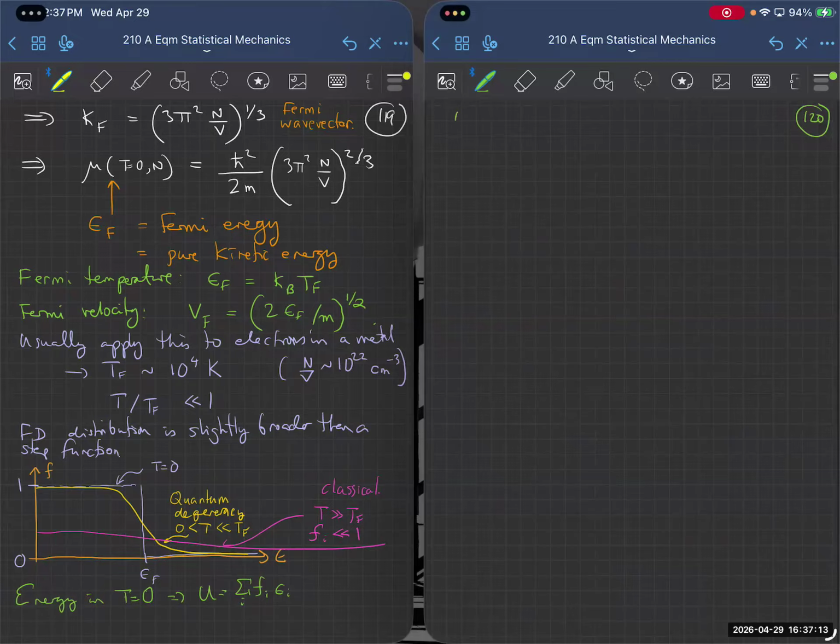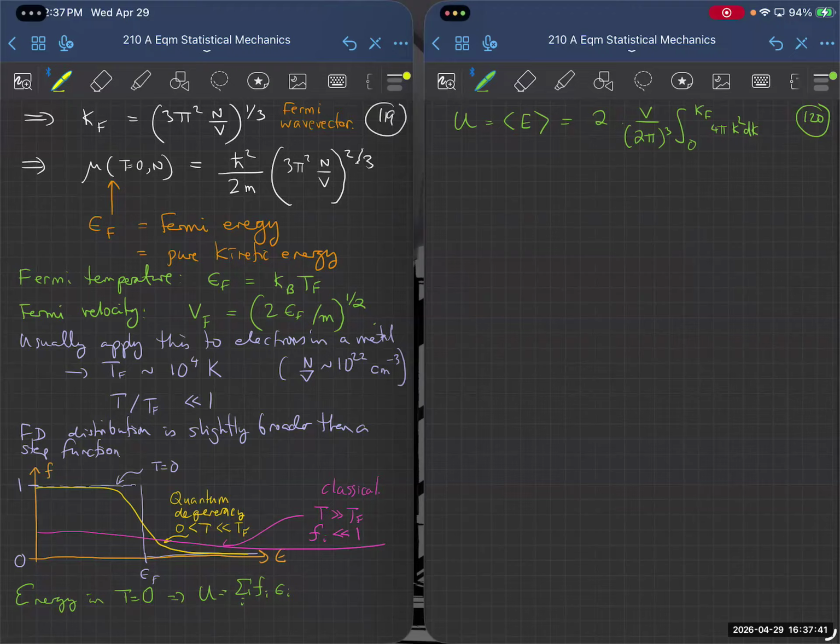So U, the average energy, is then equal to 2 for spin degeneracy, then our factor of density of states in K space, V over 2 pi cubed, the integral up to the Fermi wave number, k_F, excuse me, then 4 pi k squared dk.